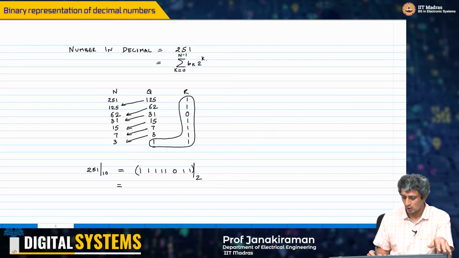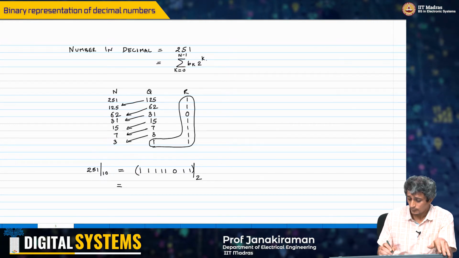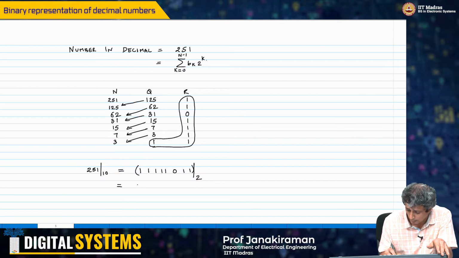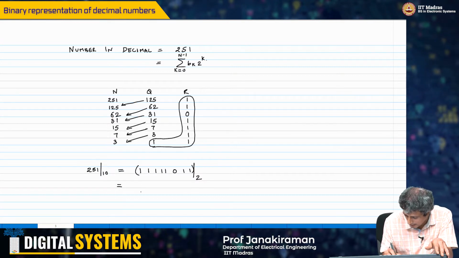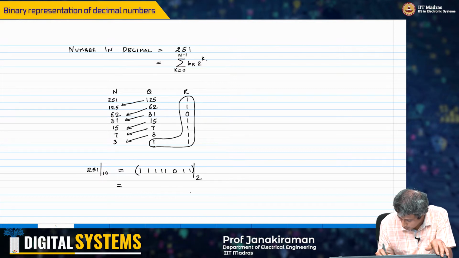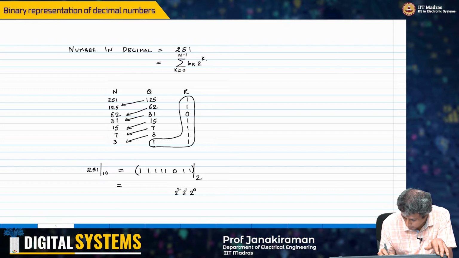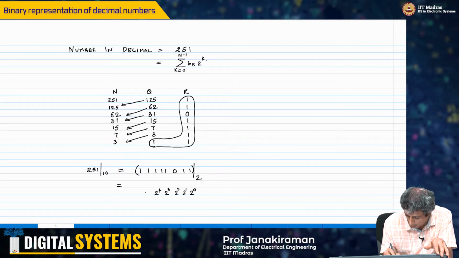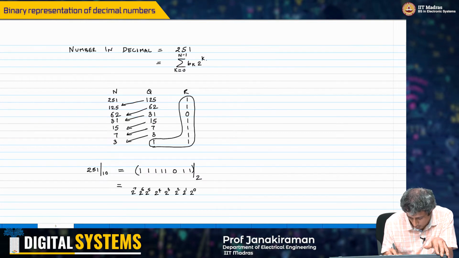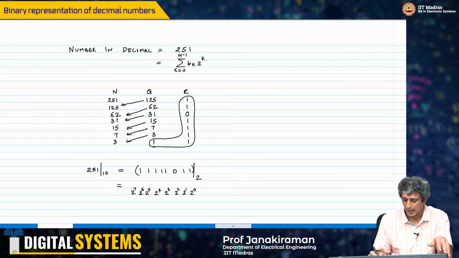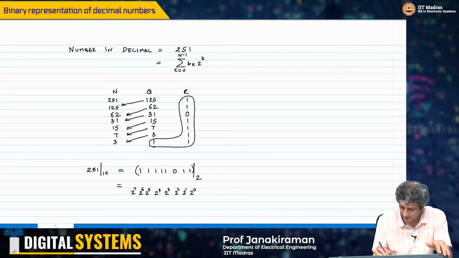So now what I am going to do is write this as 2 power 0, 2 power 1, 2 power 2, 2 power 3, 2 power 4, 2 power 5, 2 power 6, 2 power 7. So 0 to 7, I am going to go with 8 bits.